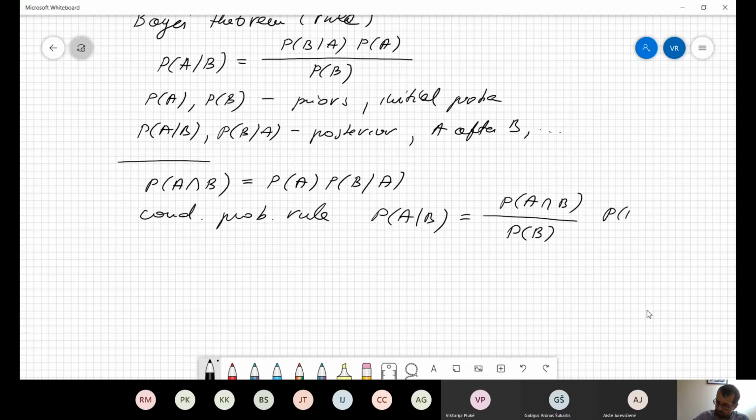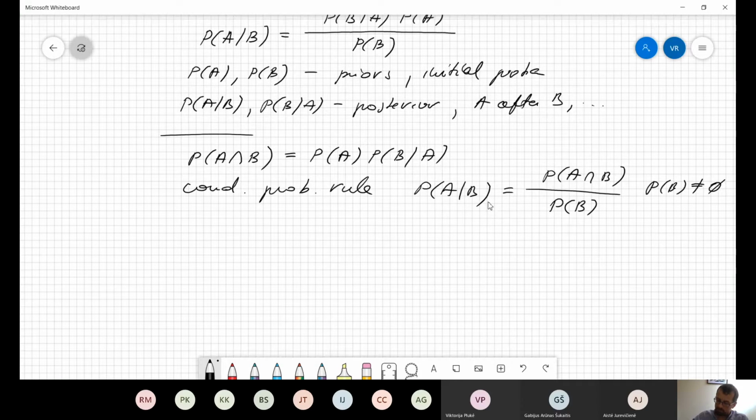Of course, P(B) must not be equal to 0. From this conditional probability rule we can derive that guy. So we have this as number 1.